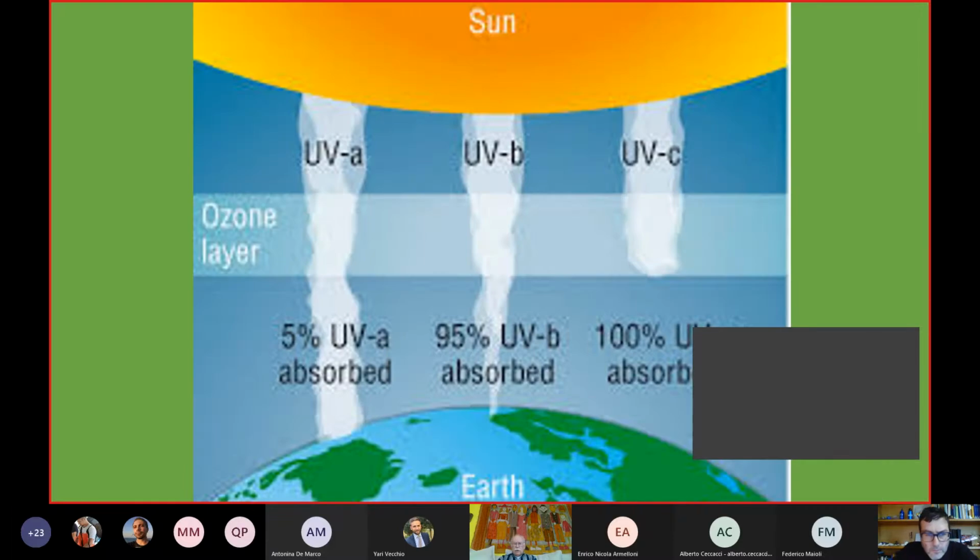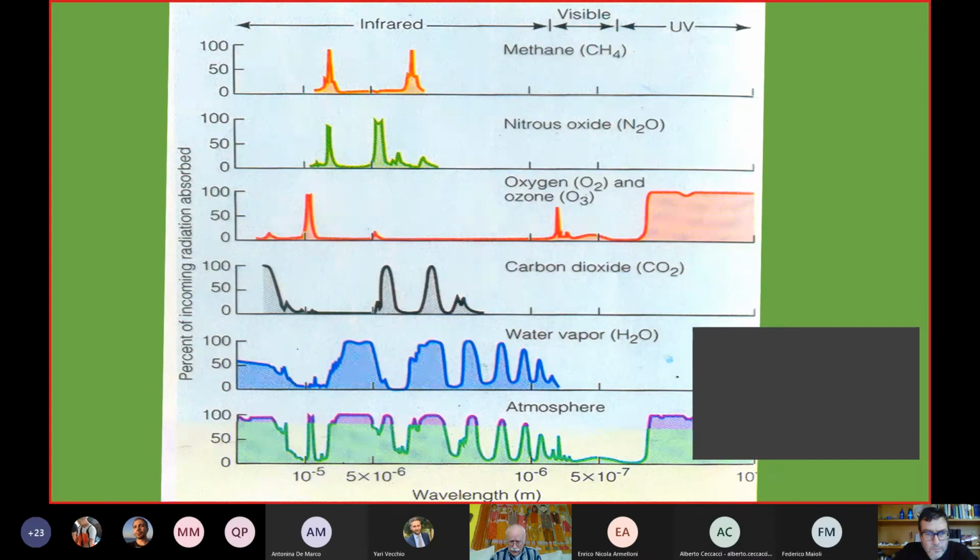Now, if we look at the solar radiation the way it hits planet Earth, you can see that most of the UVC, actually all of it, is stopped by the ozone in the higher parts of the atmosphere. Now, we have the solar radiation reaching the top of the atmosphere.